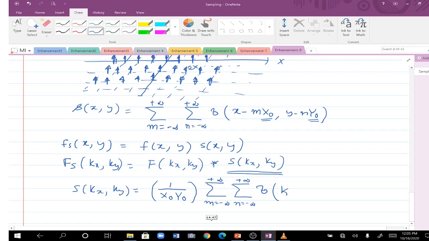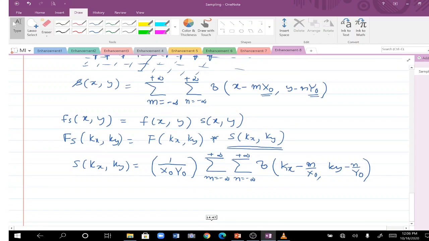Now your parameter here is kx in the frequency domain. If they are spaced at a distance of x naught in the spatial domain, it would be 1 by x naught in the frequency domain. Similarly, if it is y naught in the spatial domain, this would be 1 by y naught in the frequency domain. So that's your impulse train's equivalent Fourier transform here.